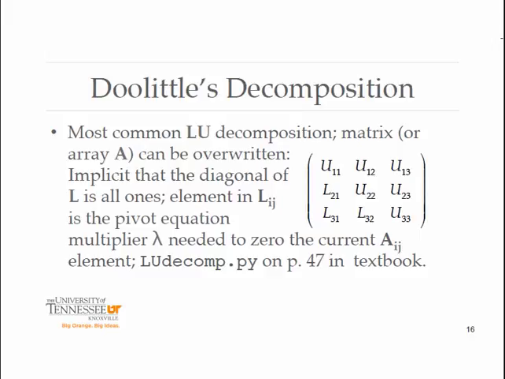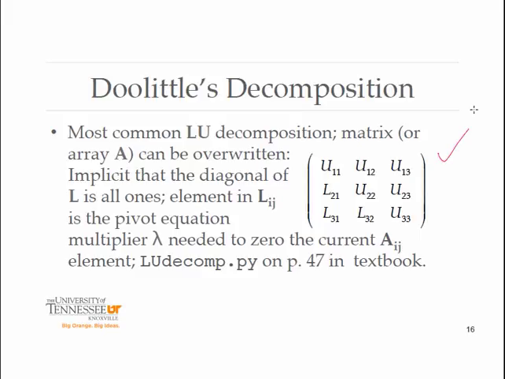So again, with Doolittle's, we would know that the diagonal elements of L, the lower triangular factor, are all 1's, so we don't really need to store them. So what's illustrated here for a 3 by 3 case is how, if you had the factorization, it could be stored in a 3 by 3 array, and actually could be overwritten on top of the original storage of the array A if you wanted to.